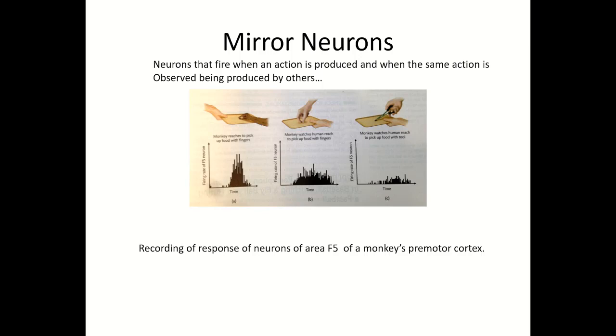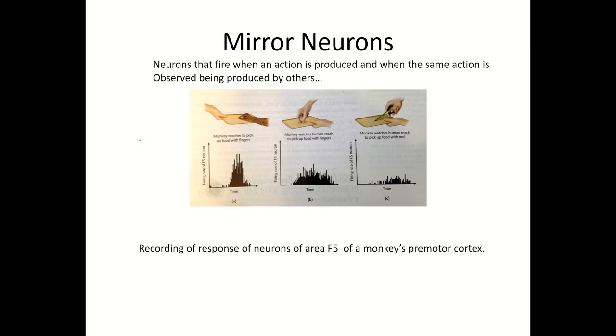For example, if the monkey watches that someone is breaking a peanut, okay, when the monkey sees that the experimenter is breaking a peanut, the neuron responds by showing high number of action potentials or spikes. Okay, so this is one condition.